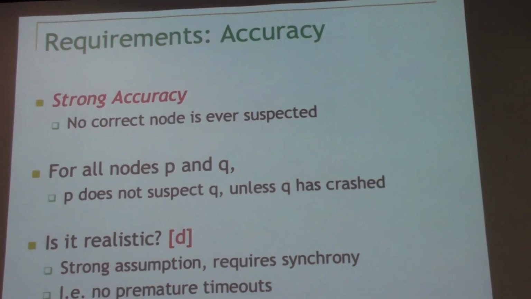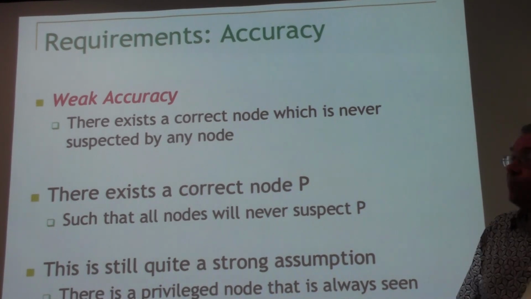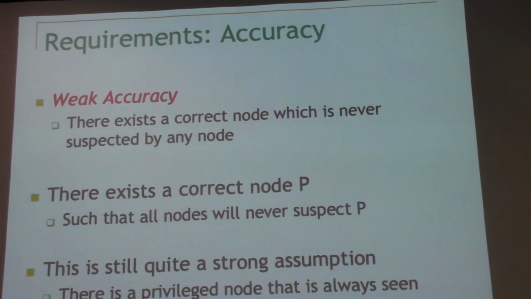And somehow it's related to P, okay? This perfect failure detector, which is very hard to achieve. So we have another one, then, called weak accuracy, which might be easier. Again, we have some kind of a privileged node here, which is not crashing, and everybody sees it.